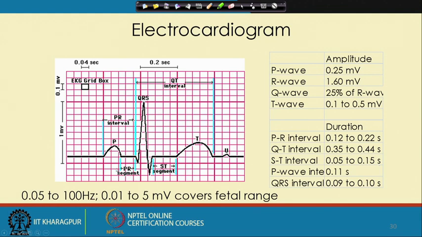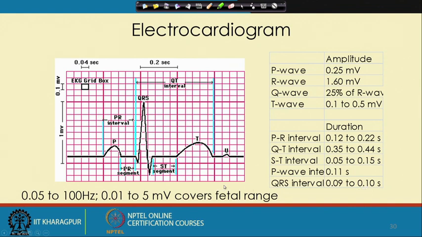And if we look at the P wave individually, when the compression is taking place in the atrium, that is 0.11 second, and the QRS interval, starting from here to here, has the minimum amount of time, 0.09 to 0.1 second.